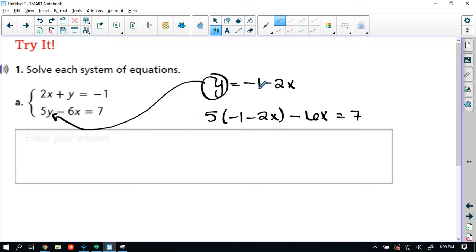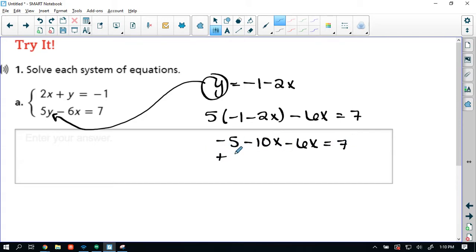So the example had you solve for the variable in both of them and then set those equal to each other. What I did here is I solved for y in one equation, and then I substituted that into the second equation. So I get negative 5 minus 10x minus 6x equals 7.